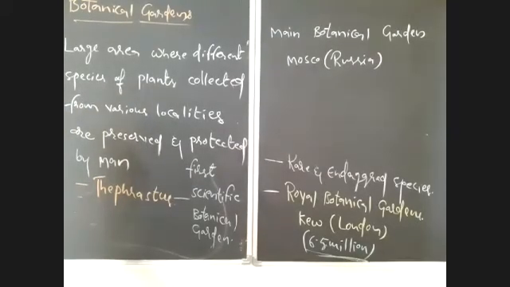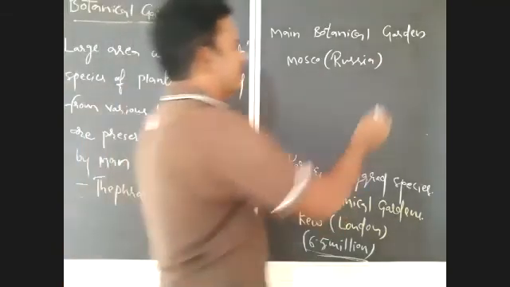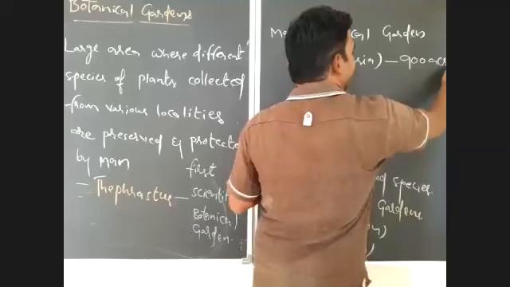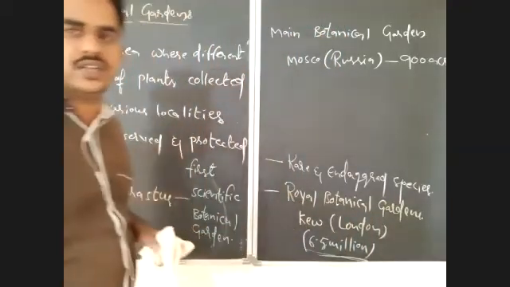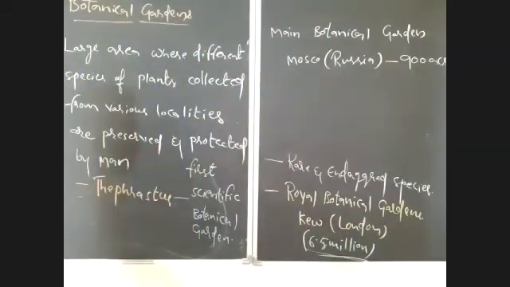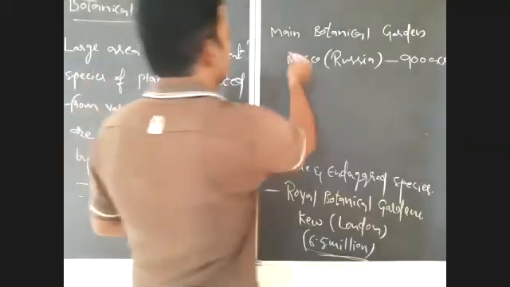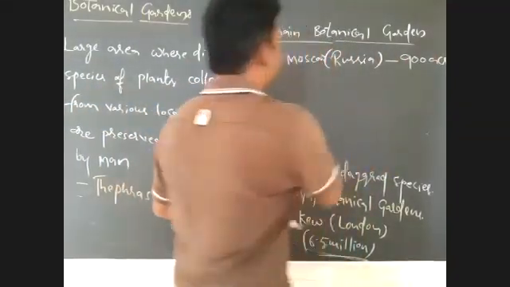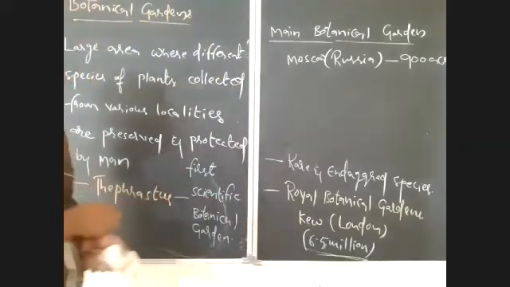It occupies around 900 acres of land. The largest botanical garden in the world is the main botanical garden of Russia. Okay, Moscow of Russia, that you have to remember here.